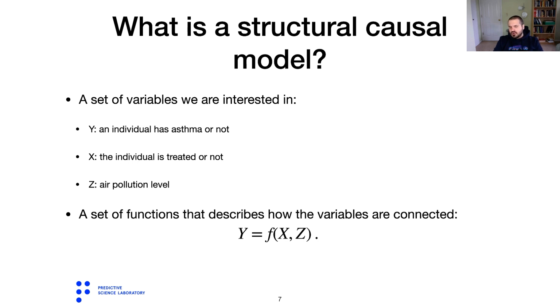These functions are to be interpreted as causal mechanisms. So f is describing how x and z cause y. That's how you should interpret these functions. The collection of all these variables along with these functions is called a structural causal model.